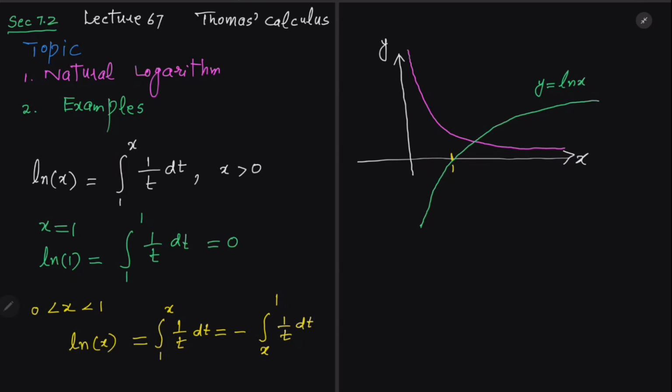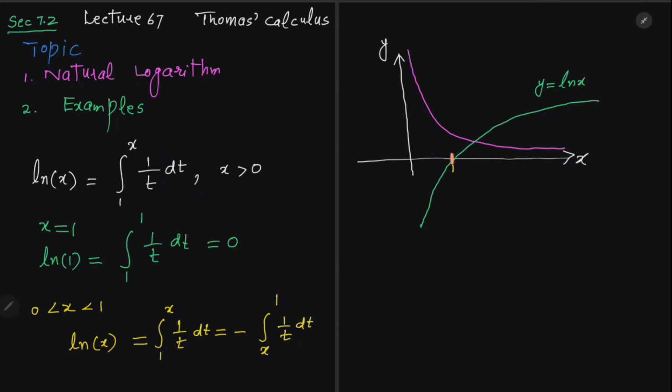Let me just explain again what was going on with respect to the area. You understand from previous lectures that when we have the integral from a to b of f of x dx, this is called the area under the curve. And here, this is the area under the curve. Which curve is there? 1 over t. So the curve 1 over t has area 0 when we take x equal to 1.